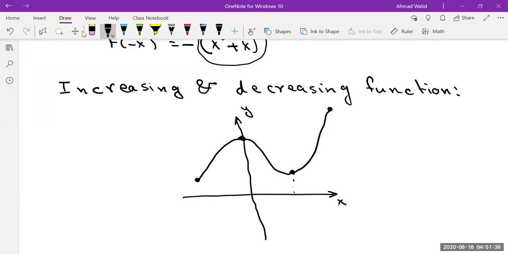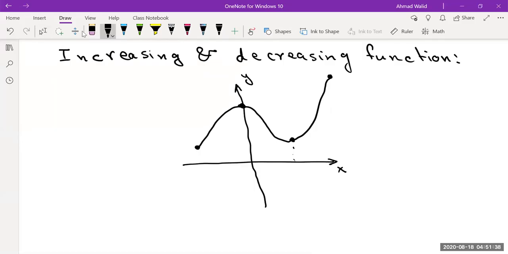To explain it in this graph, if I consider the left side of this graph, correct? If I name this point x1, definitely the value on the y, I can call it f of x1, or y1.